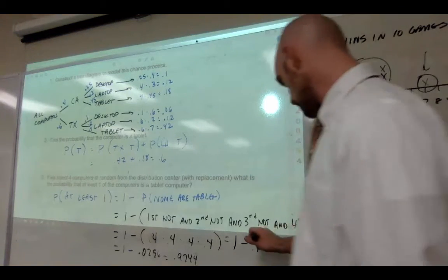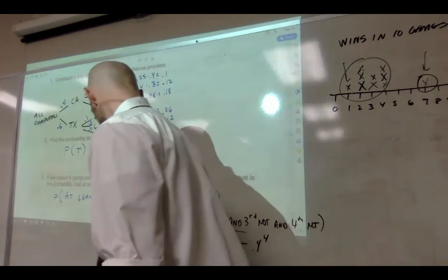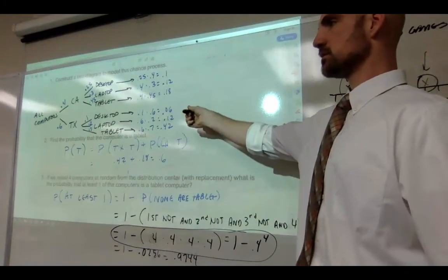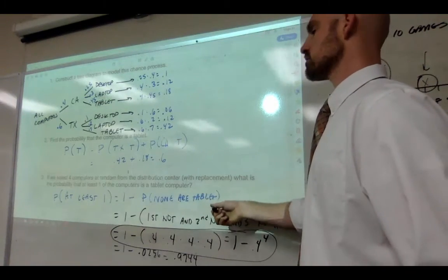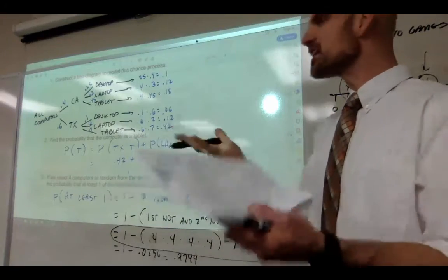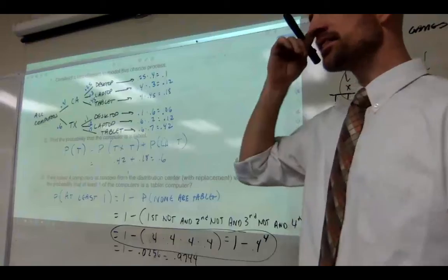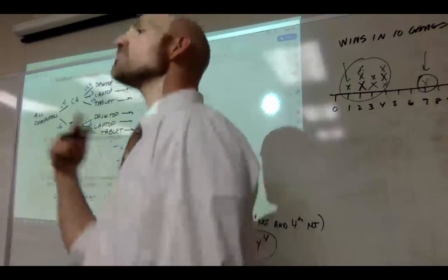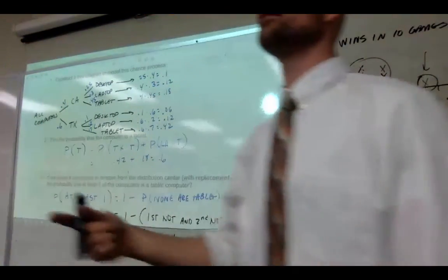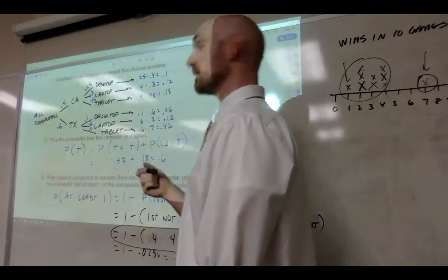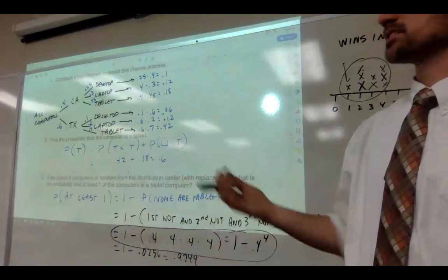Honestly, this is going to be the hardest part. You're going to get this piece, and then they're going to ask you a question where you're like, there's so many conditions. What do I multiply? What do I add? You've got to think through logically, what would it mean for this to happen? What would have to happen for me to have at least one? 1 minus the probability of none.